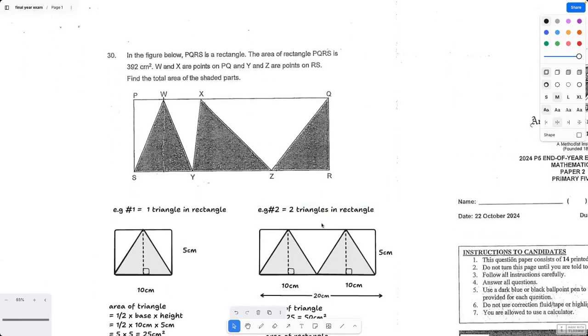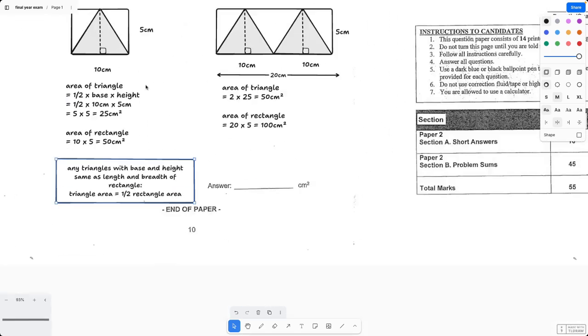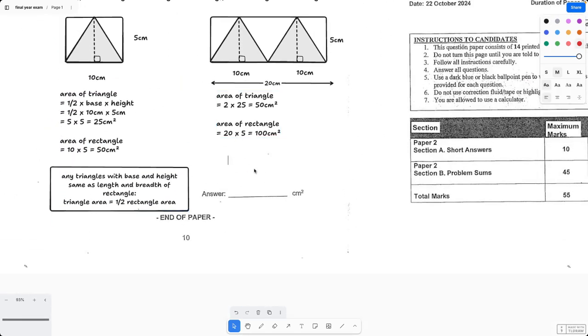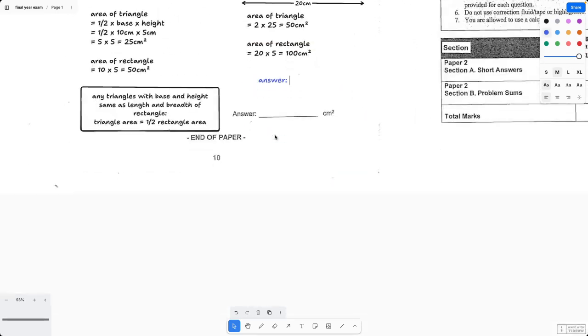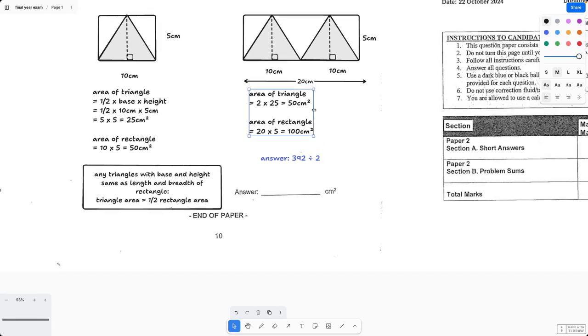So in this case, what will be the answer? The answer to this is essentially just divide by 2. So in this case, let me put this in a blue color. The answer is basically 392 divided by 2, because you can see that the area of a triangle is half.